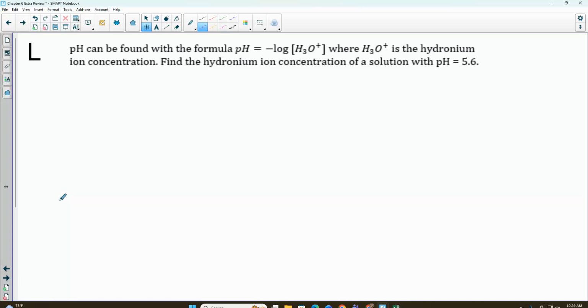The next question was about pH. Find the hydronium ion concentration if the pH is 5.6. So you plug that in for the pH. All right, then what would we have to do? So if we divide by the negative, negative 5.6.